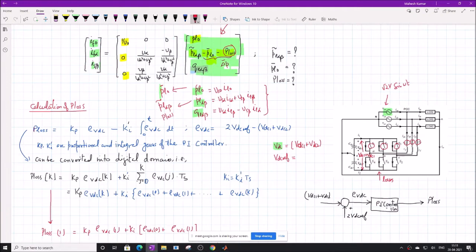So this is the maximum value of this system voltage. Let's call it Vm or V peak.